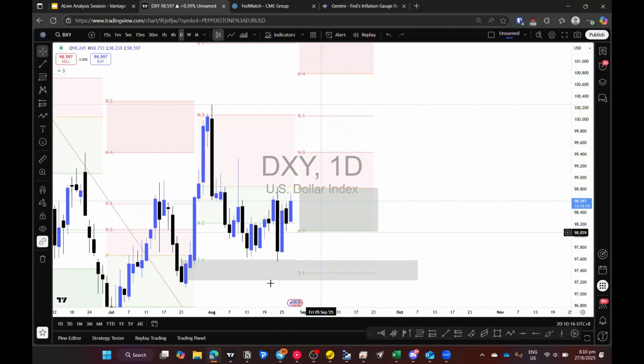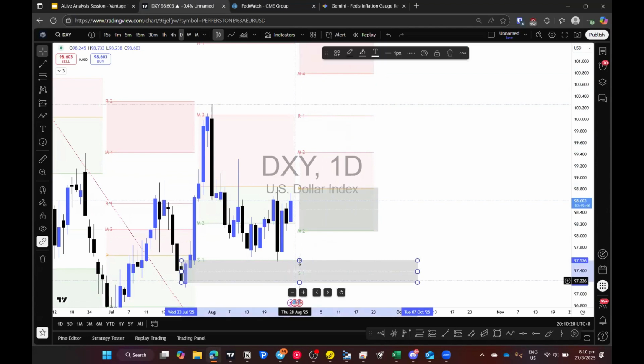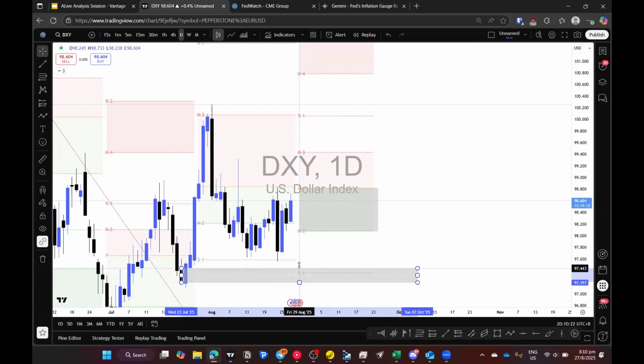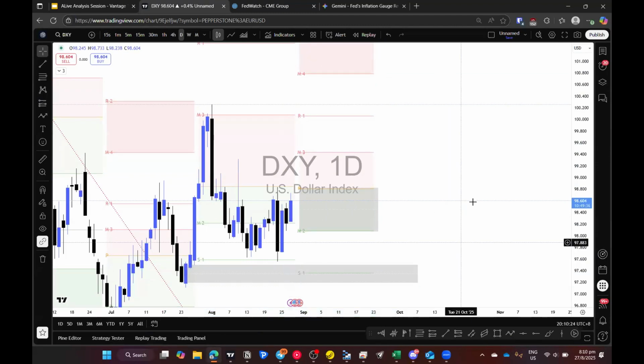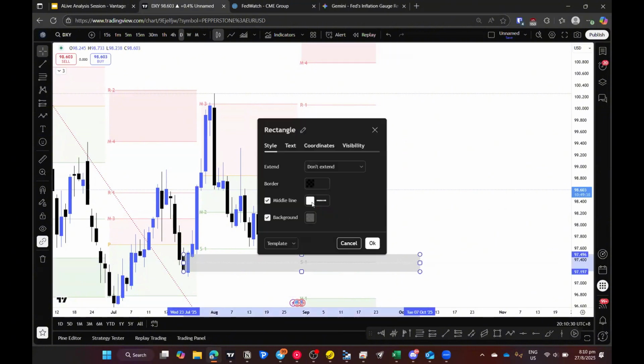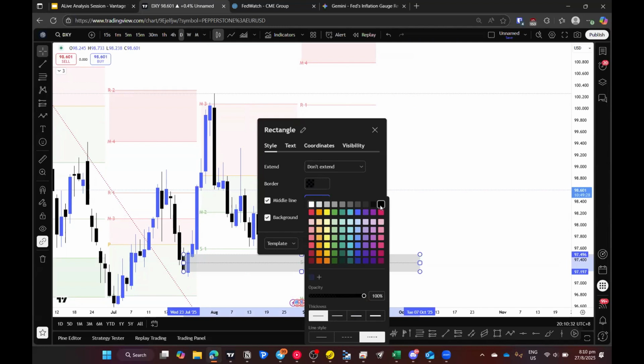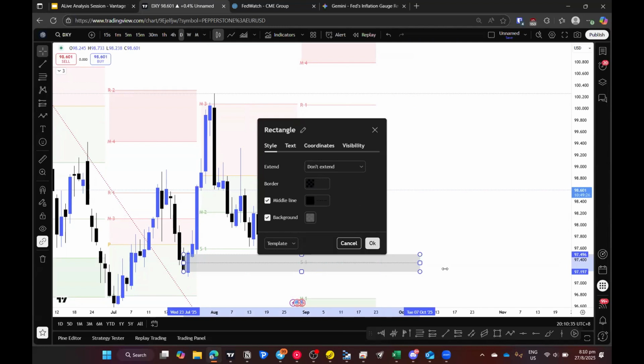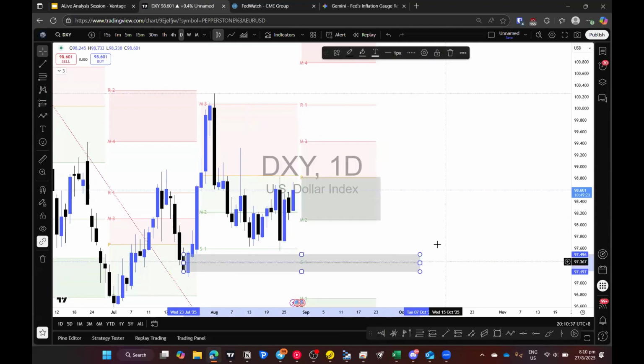Otherwise, the long-standing support will still be around this area here. You'll see that this is actually the inverse of your euro dollar. S1 coincides with the middle of this range here, so this is probably going to be the spot that we're looking at, around the 97.36 area.